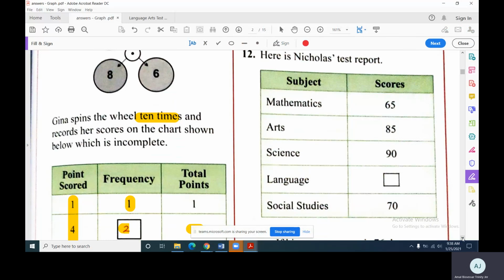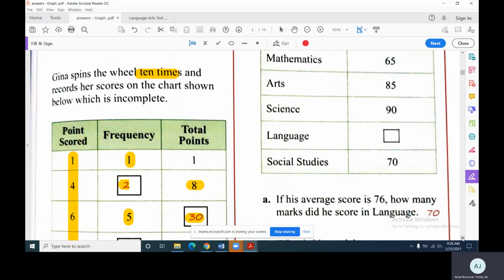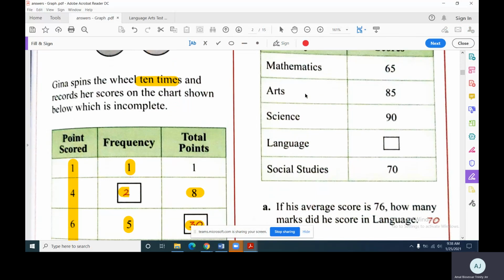You have a maths test, a language arts test, an art test, a science test, and a social studies test. So you're missing the social studies mark. The average is 76. So how many tests did I do? I did 1, 2, 3, 4, 5 tests.